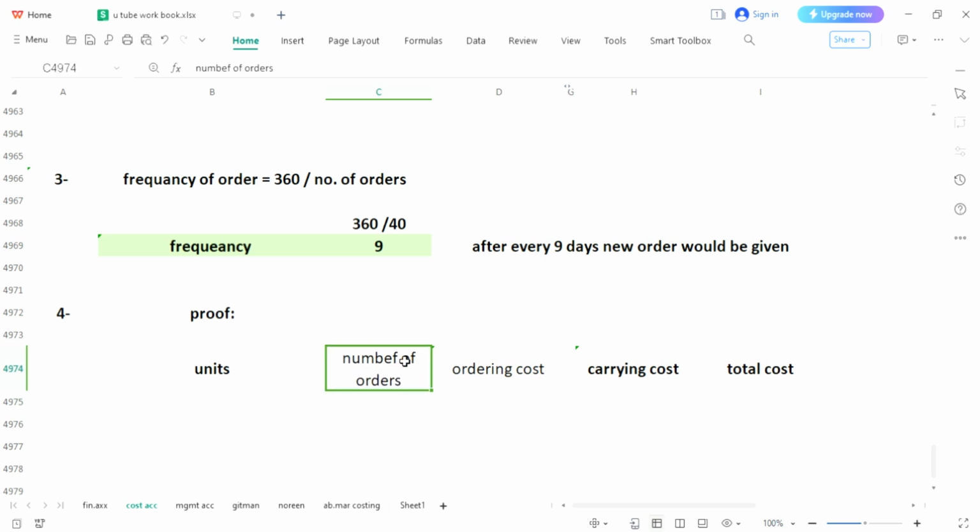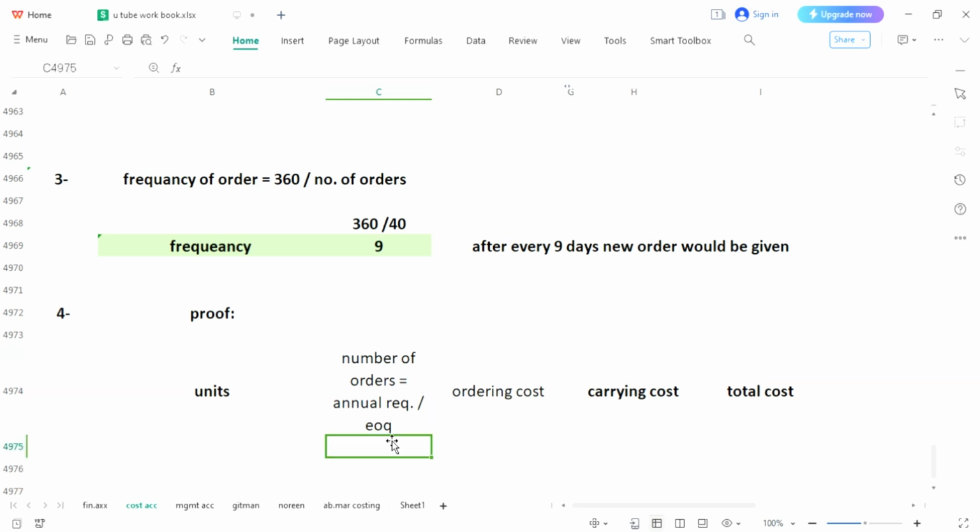We were actually calculating the number of orders. For that, annual requirement is needed, and that would be divided by economic order quantity. Number of orders would be calculated by taking annual requirement, divided by economic order quantity.